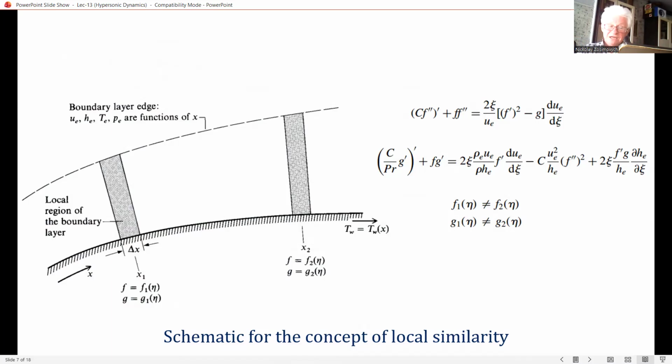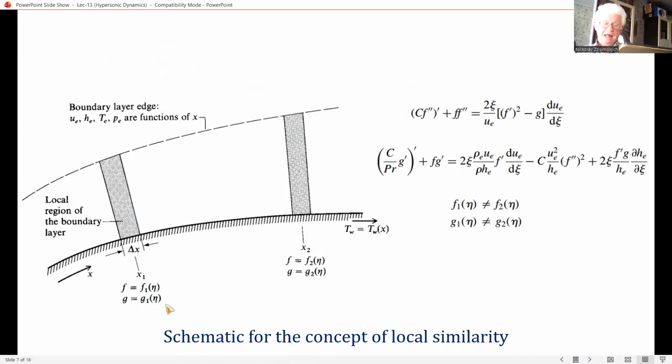And hence, these ordinary differential equations can be solved, say, by the shooting technique described earlier. I hope you remember this. So, at the local value of x, the solution gives us f of eta and g of eta for the slice of the boundary layer located at x1, the first shaded region here.